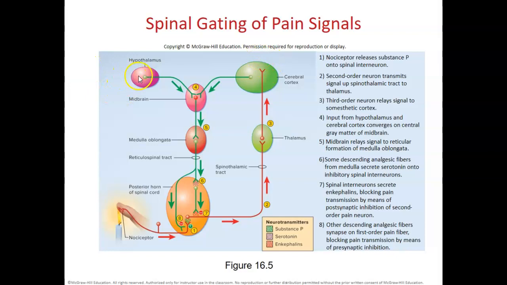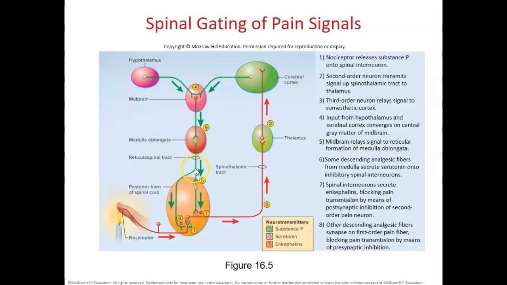The input from the hypothalamus and the cortex can converge the nerve signals on the central gray matter of the midbrain. Then the midbrain will relay signals to the reticular formation in the brainstem, which is the medulla oblongata section.